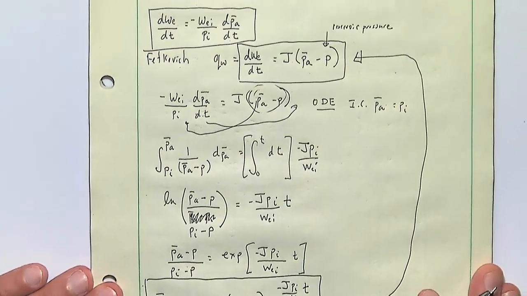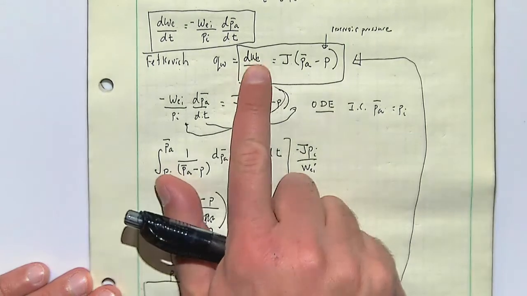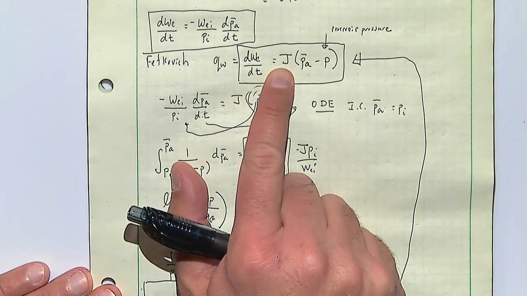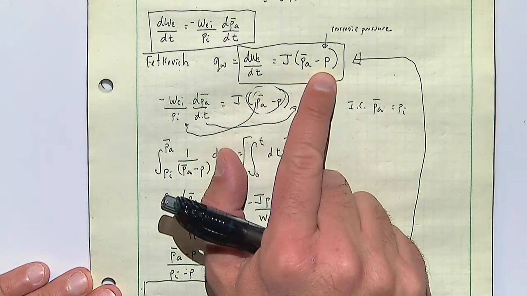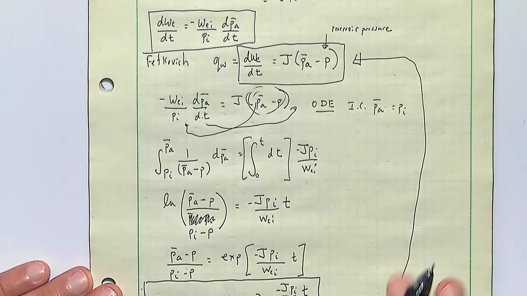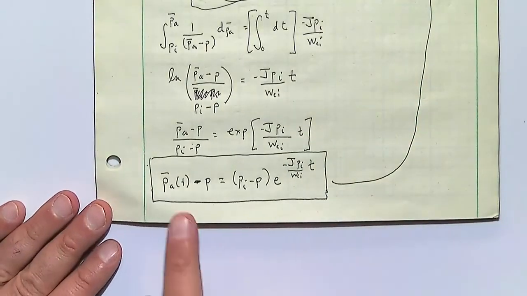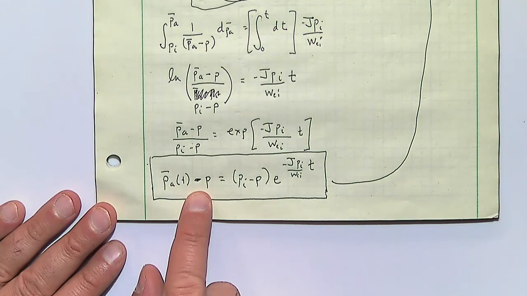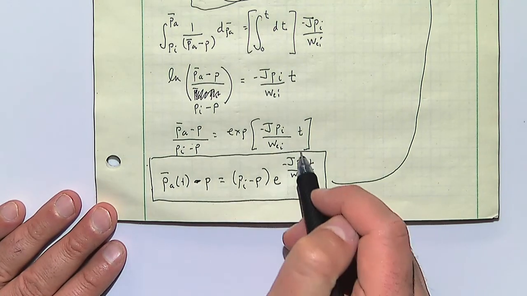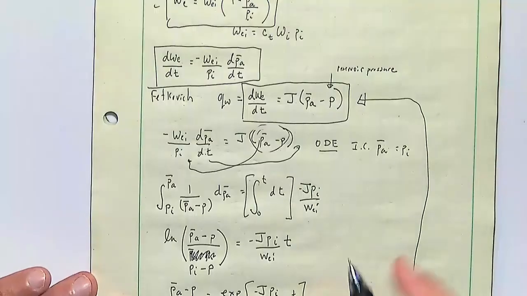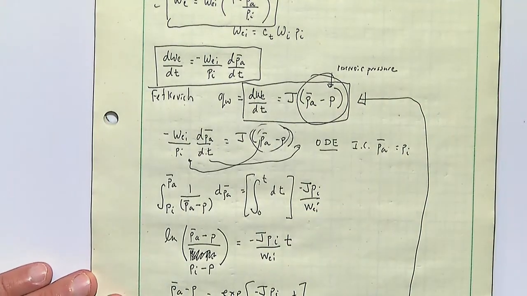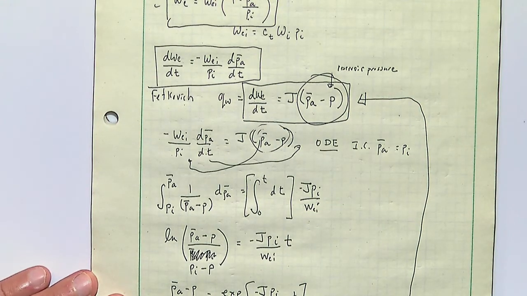Okay, so remember this equation, which says that dWe dt is equal to J times (PA bar minus P). Well, now we have an equation for PA bar minus P, so we can substitute this in for this. And so it'll be a new differential equation in terms of time.